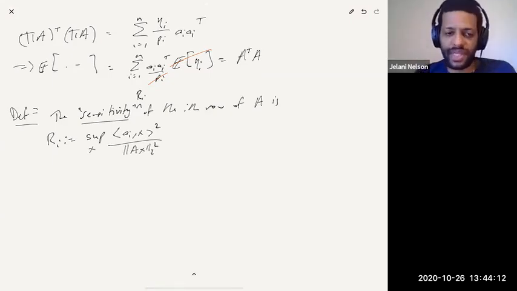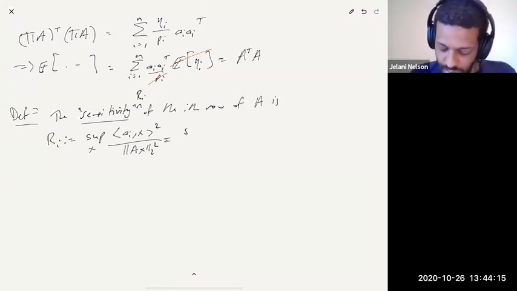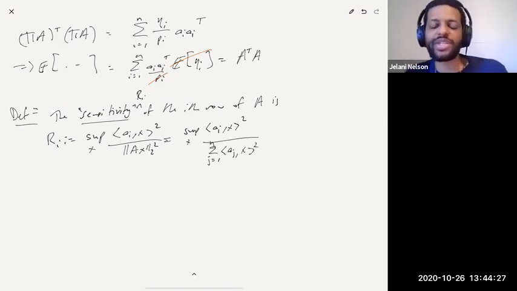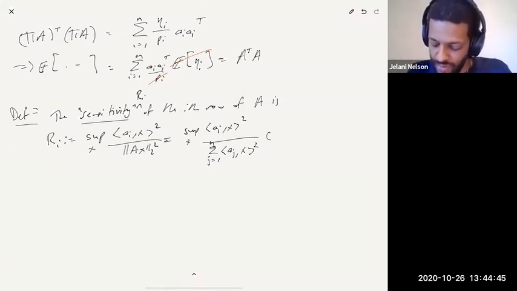If you think about what that means, that's the same thing as the sup over all x of (ai dot x) squared over the sum over all j from 1 to n of (aj dot x) squared, right? So (ai dot x) squared is one of those terms in the sum in the denominator. And the question is, is there an x where the numerator is a really dominant term in the denominator sum, right? This ratio is of course always between 0 and 1.